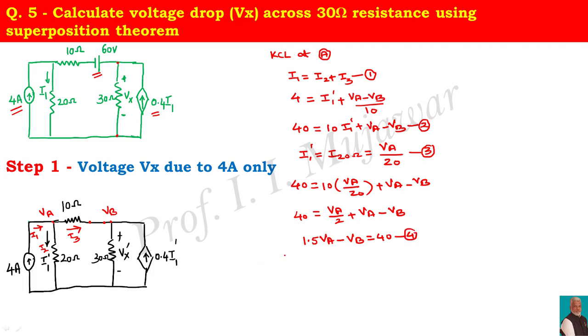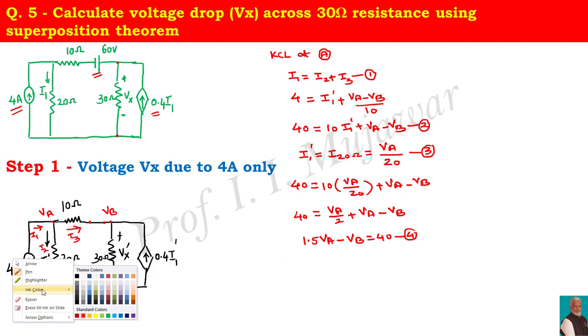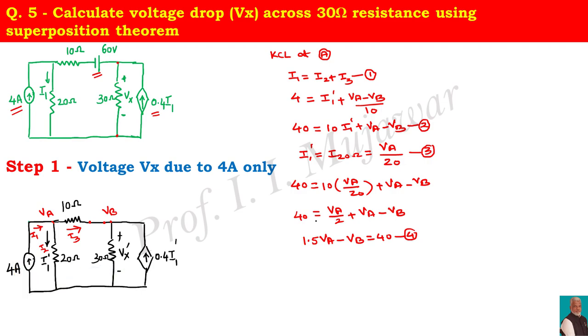Now if you apply the KCL at node B, here I will use the KCL at node B. So this current is incoming, already given, and unknown currents I will assume like this one, the currents that are leaving. So your equation is incoming current is 0.4 I1 dash and the two currents are leaving.